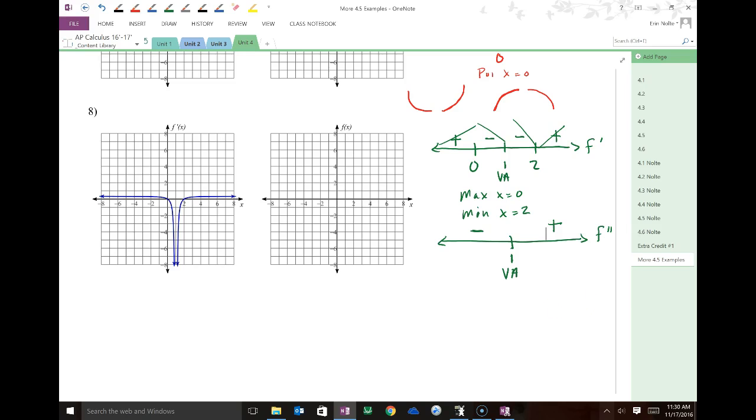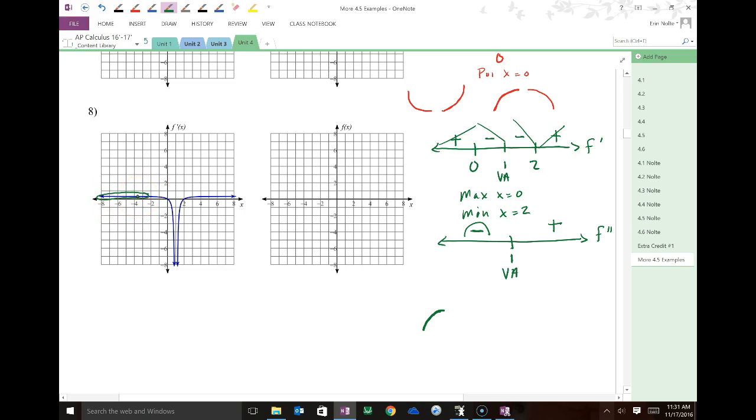So for this one, if we go from negative infinity to 0, remember 0 is going to be some kind of max. We have this sad face that's going up, so it's going to start kind of like this. But what we have to remember is that the slope to me looks almost linear.